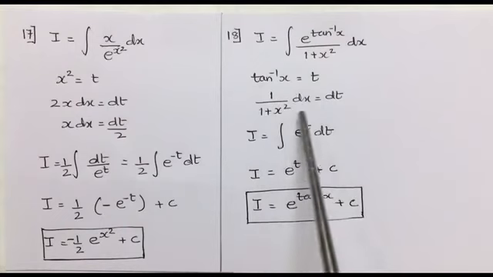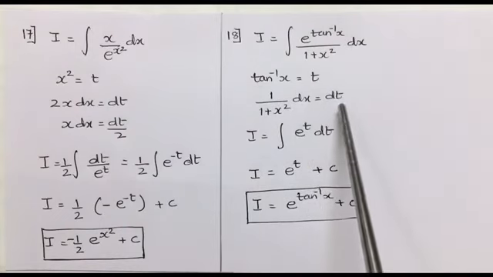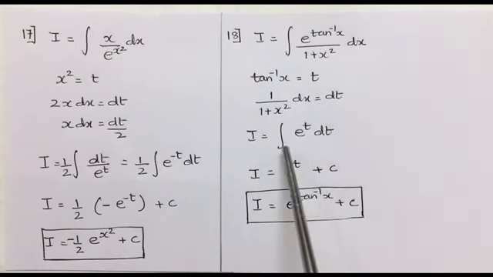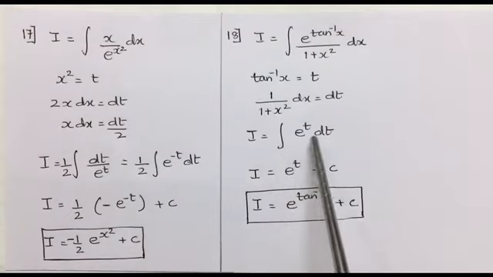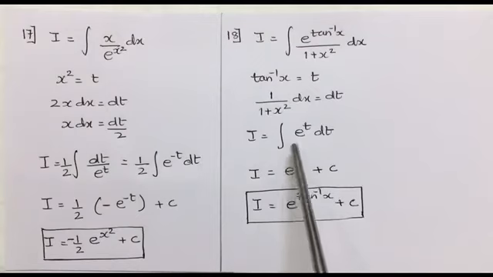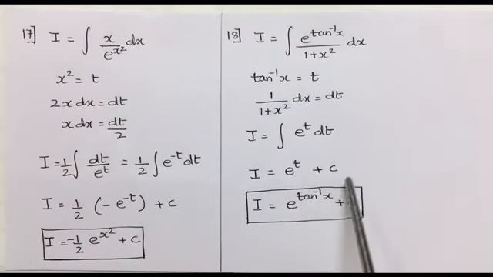Now in this example, dt has been kept, so we get integration e raised to t dt, and integration of e raised to t is e raised to t plus c. Keeping the value of t as tan inverse x, this becomes the final integration.